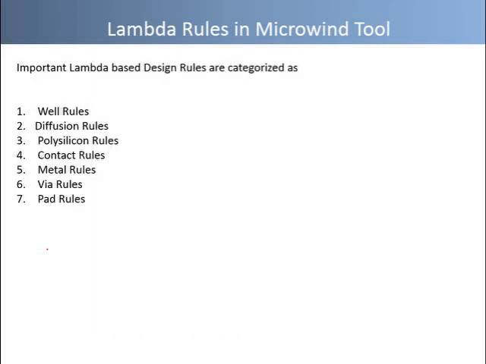The important design rules in the Microwind tool are divided into 7 main categories. These include design rules for N-well, rules for N and P diffusion, polysilicon rules, contact rules, metal layer rules, via and pad rules, etc. So let's discuss these rules one by one.